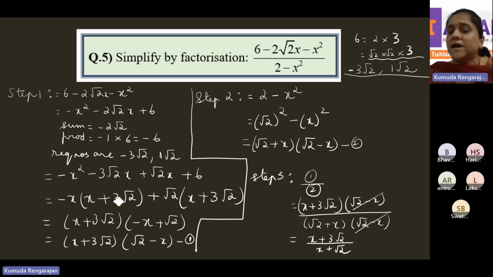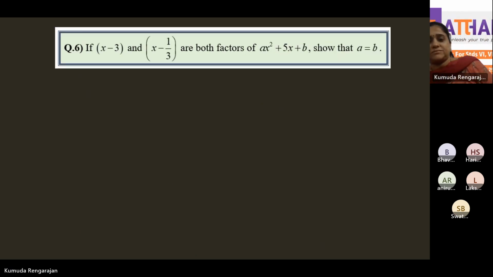All familiar procedure. Denominator has only two terms. So you must make it look like a square minus b square. So you write 2 as root 2, the whole square, minus x the whole square. So a plus b into a minus b. Then divide the two results. This is the next one.